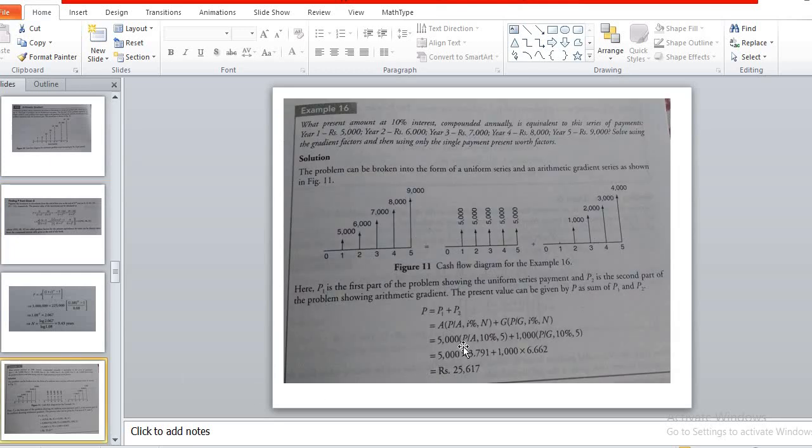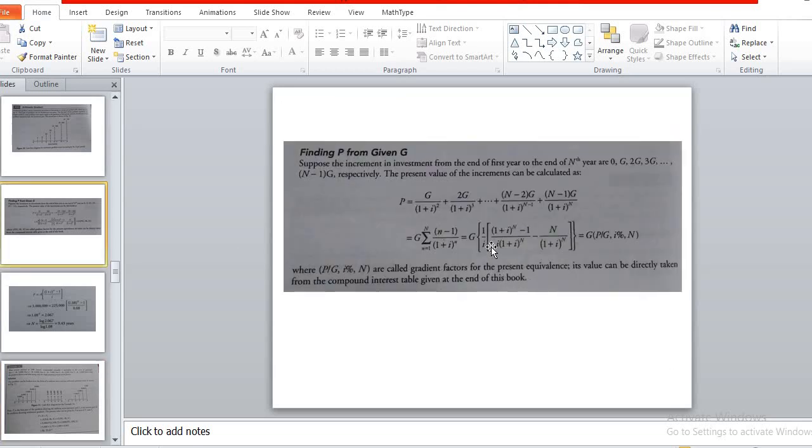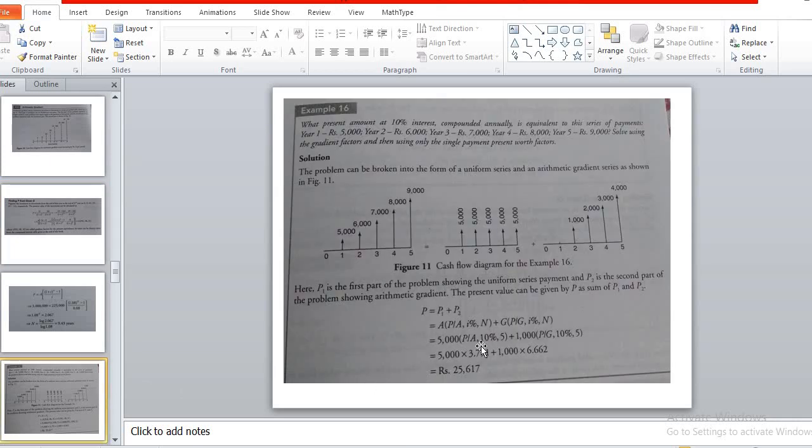After putting in the values of I and n, we get this P by A factor, and that comes as 3.791. So the first factor is related to the uniform series payment, and the second factor is related to the arithmetic gradient.